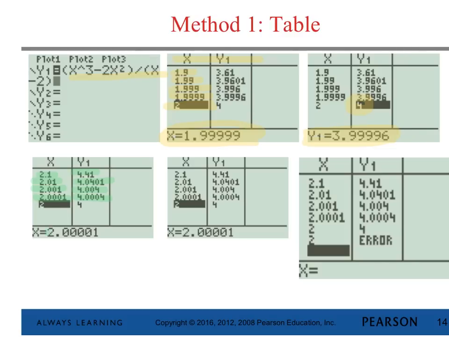But if you put in 2.00001, 2 followed by 4 zeros after the decimal and then the 1, it's going to tell you that the answer is 4. Even though in actuality the answer is not 4, the y value is actually 4.00004, which once again you can only see 5 characters including the decimal.